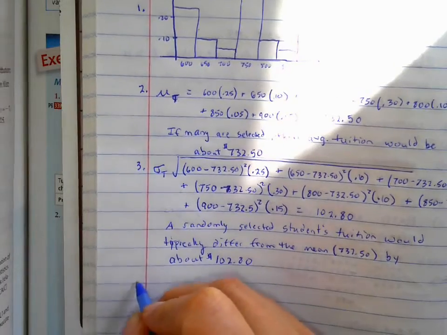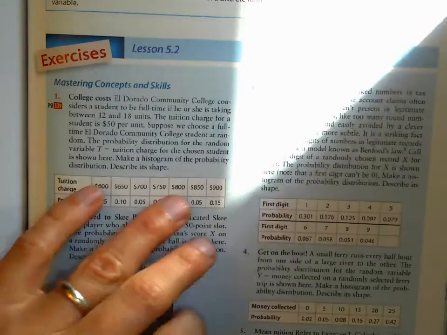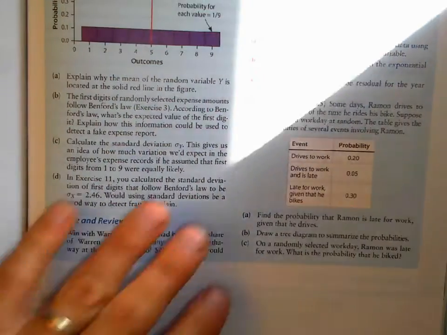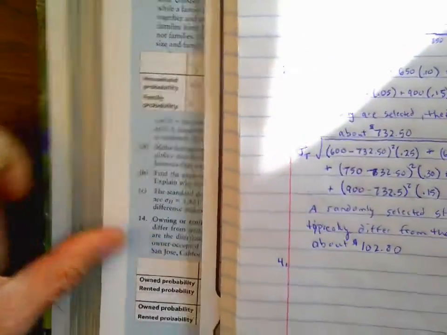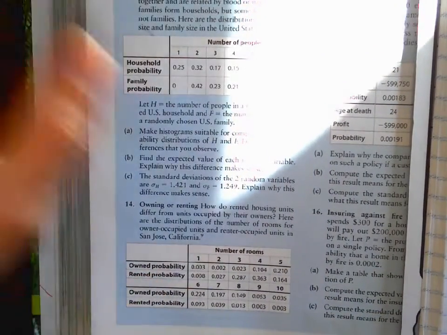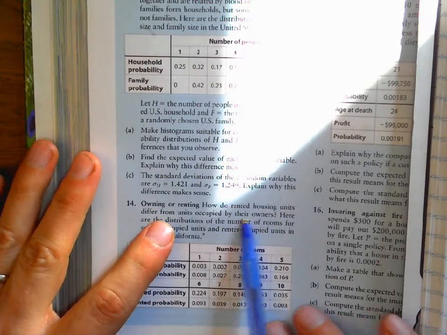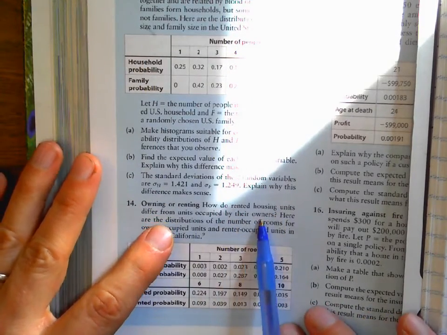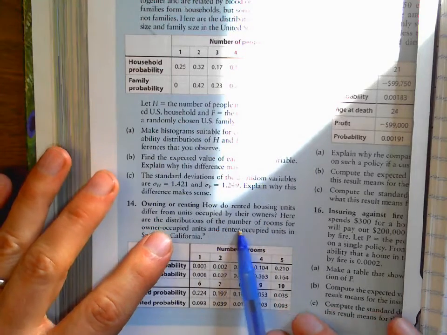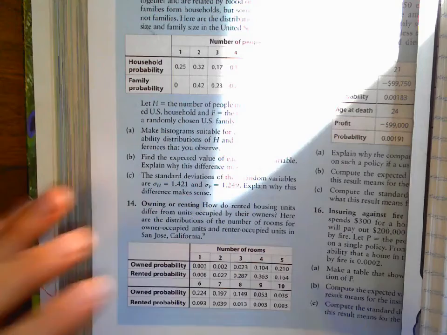Okay, and the last one we have here, number 4. Owning versus renting. Not sure what your family does, but owning versus renting a home, and the number of rooms in there. How do rented housing units differ from the homes of people that own their house? Here's a distribution of the number of rooms for owner-occupied versus renter-occupied units in San Jose, California.